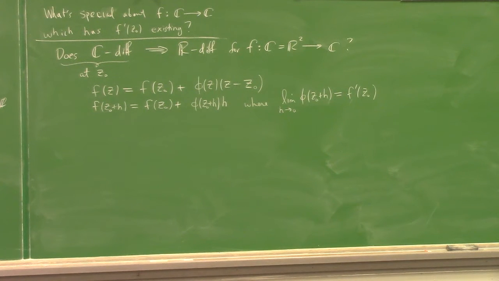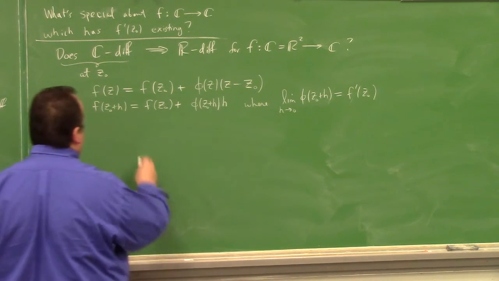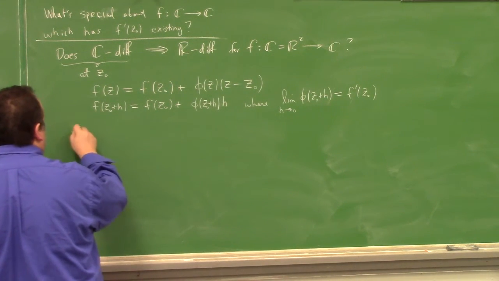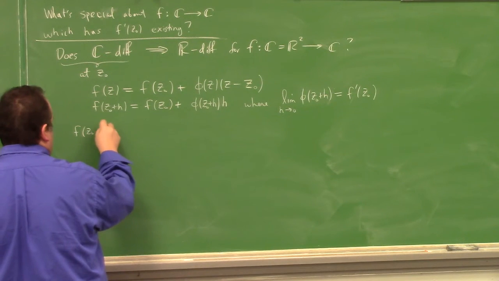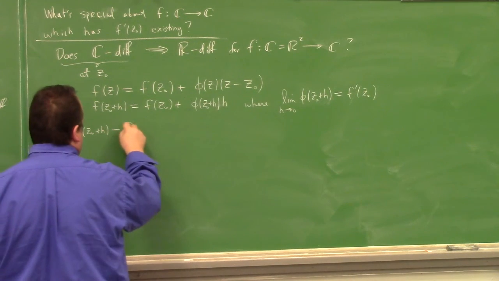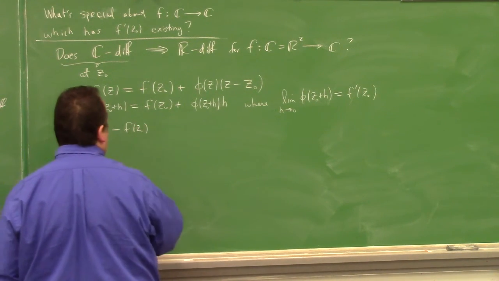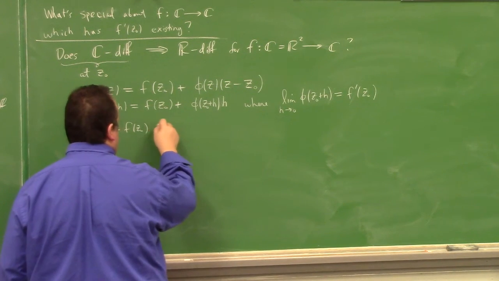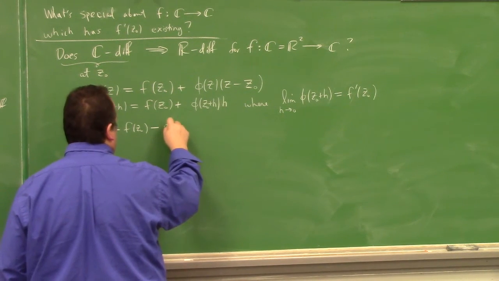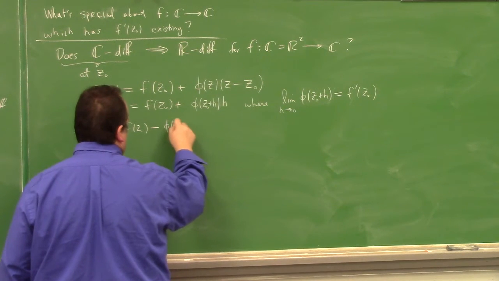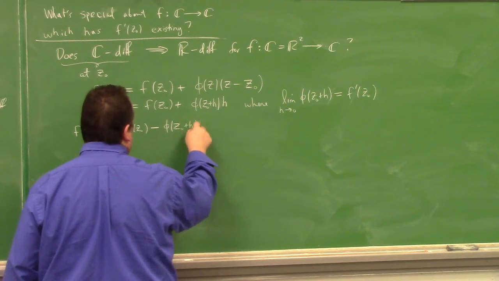So what's the Fréchet quotient look like here for our complex differentiable function? Let's calculate it. So we're looking at f of z naught plus h minus f of z naught, right? And I'm going to say minus phi of z naught plus h times h.